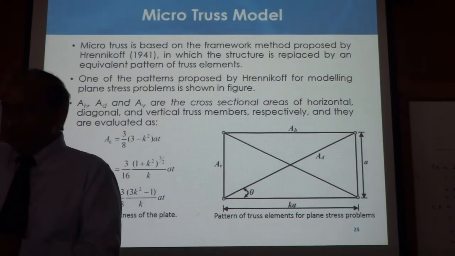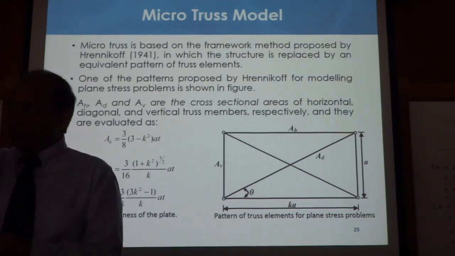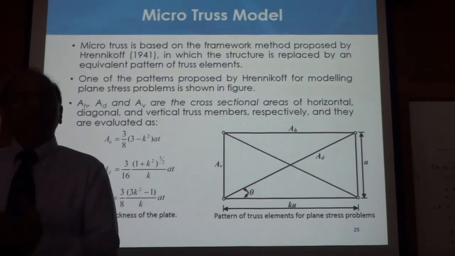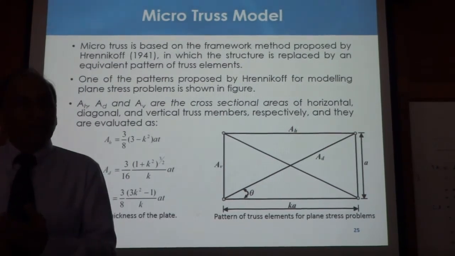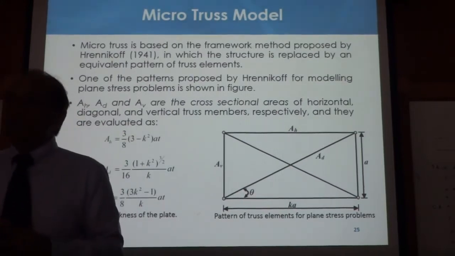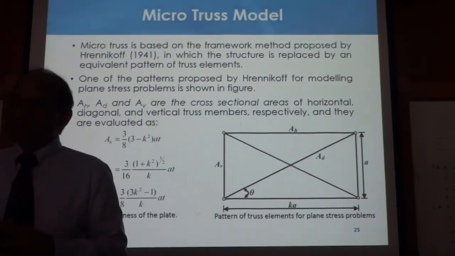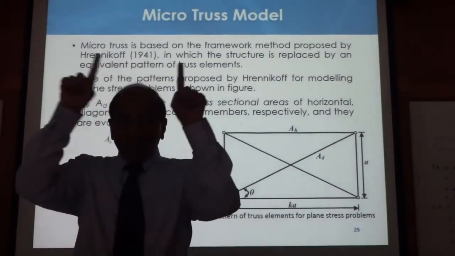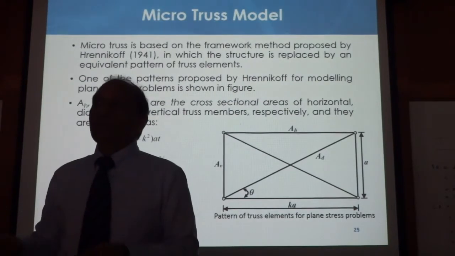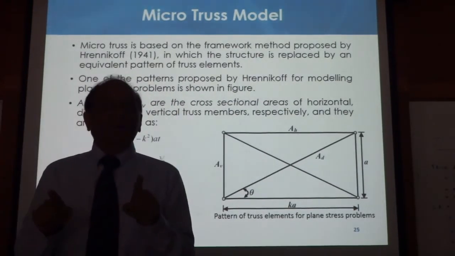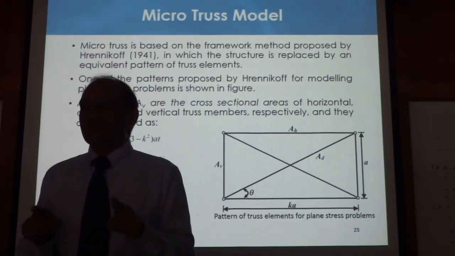If you have a wall inside a building, how do you model a wall? It's too complicated, using many types of elements. There are many bricks there, there is water there, so many things, you can't model it, right? So normally, we say you can replace a wall by an equivalent diagonal. That means the entire wall is replaced by an equivalent truss element, right?